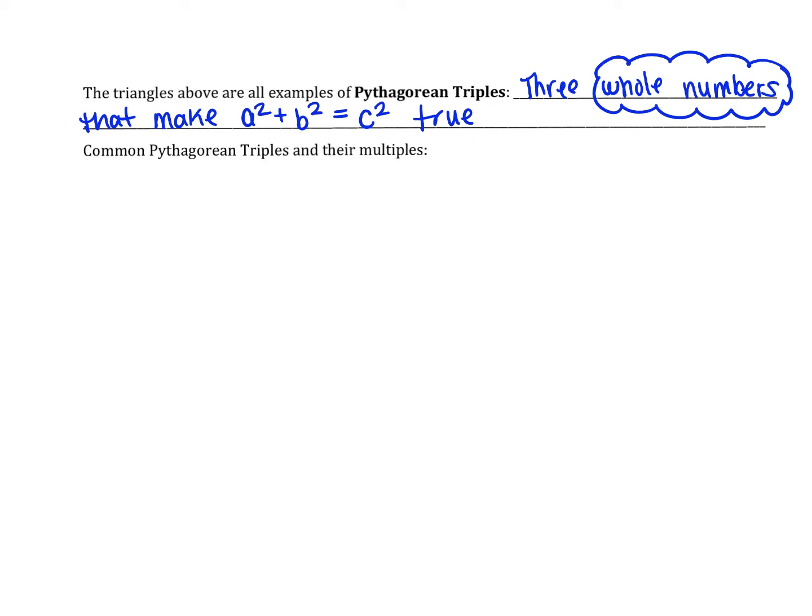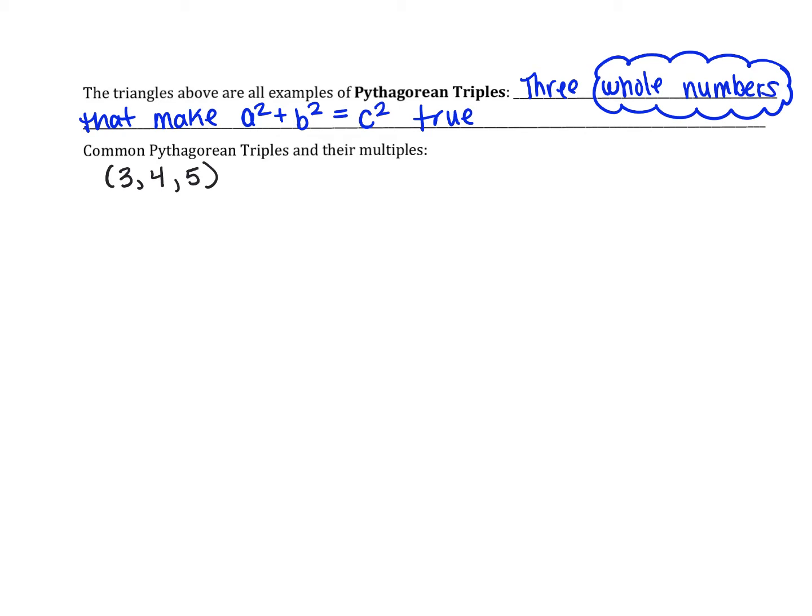If you printed the handout, you're going to want to write a little small here. So one of the Pythagorean triples is 3, 4, 5. So what this means is if I had a triangle that had side lengths of 3 and 4 with a hypotenuse of 5, it's a triple because they're all 3 whole numbers.